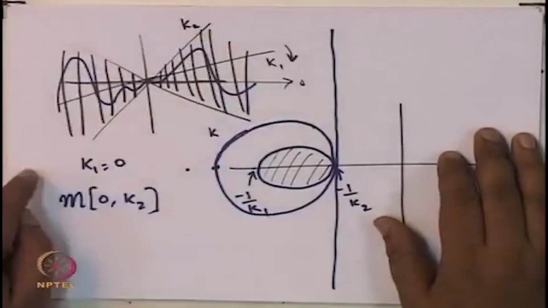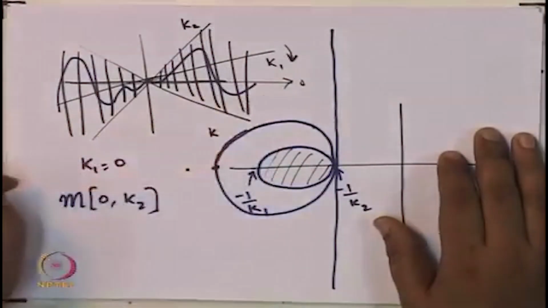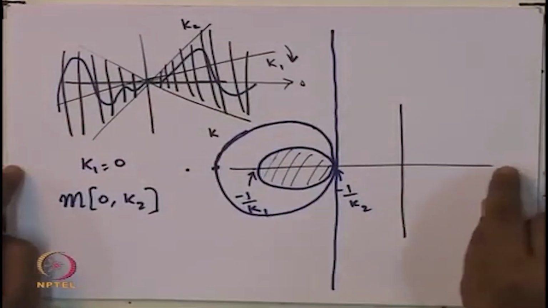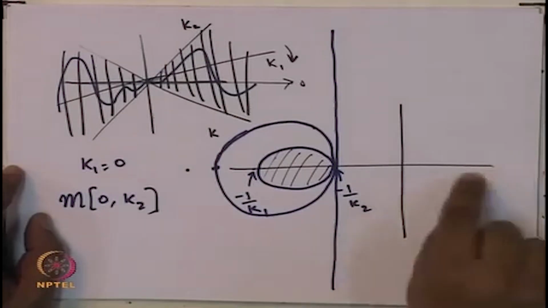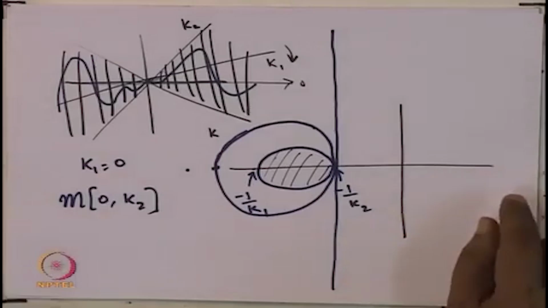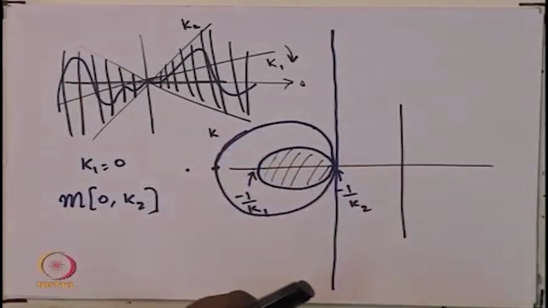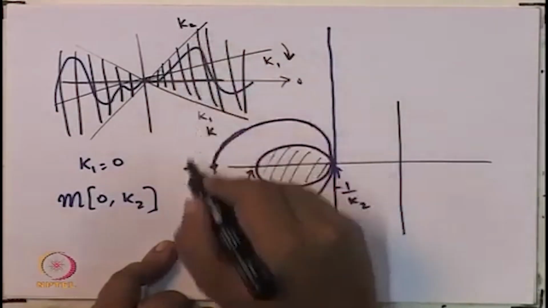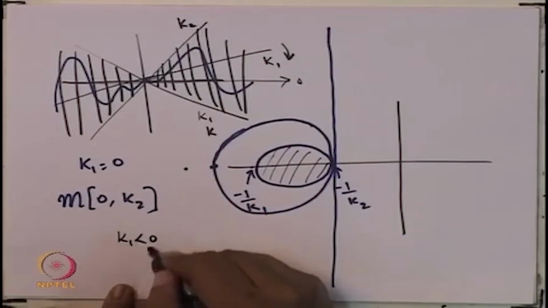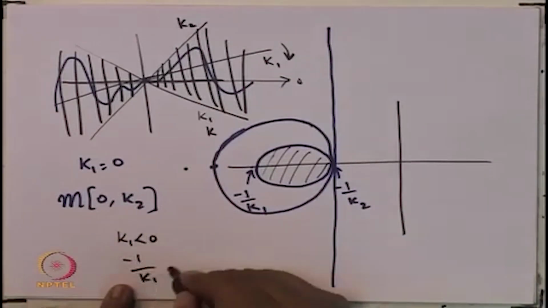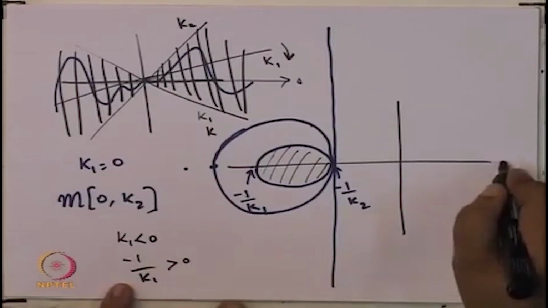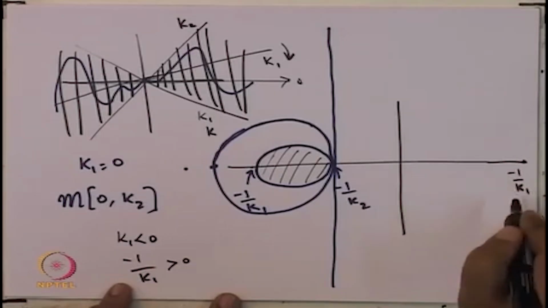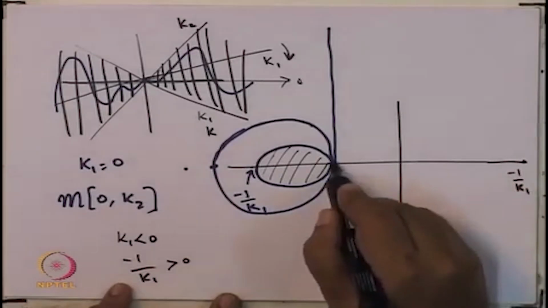After that, when K1 becomes negative, minus 1 upon K1 is in fact a positive quantity. So, when you are looking at the K1 K2 interval with K1 being less than 0, minus 1 by K1 is greater than 0, and so this minus 1 by K1 is probably some point here, and minus 1 by K2 is here.